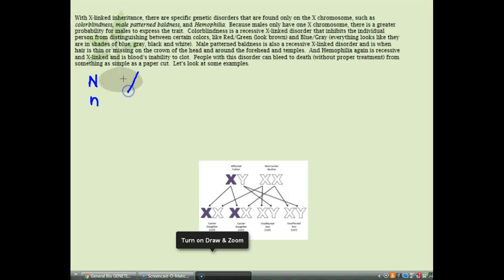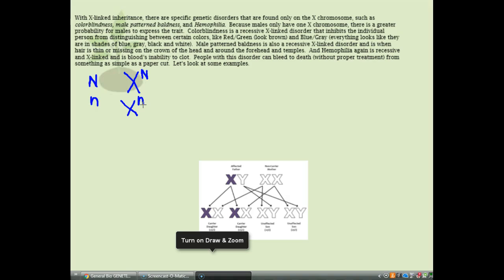And I've got to keep in mind that these are going to be X-linked, so I can have an X with my dominant N linked to it, or an X with my recessive n linked to it.